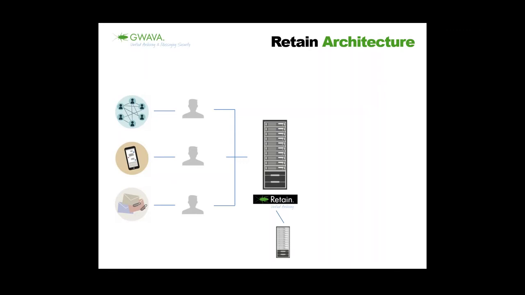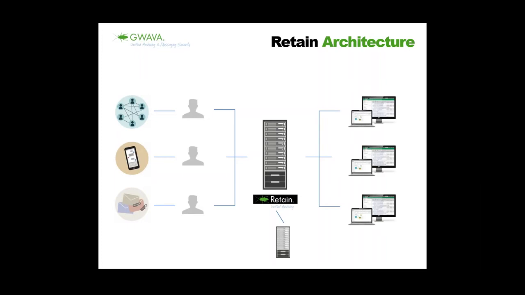Then it will be stored on the Retain server in the middle, and the indexing is done, the data is put into the storage in the background, and the user gets access to the data directly.